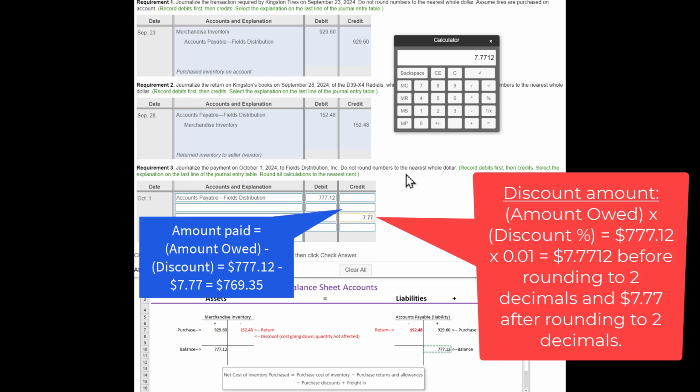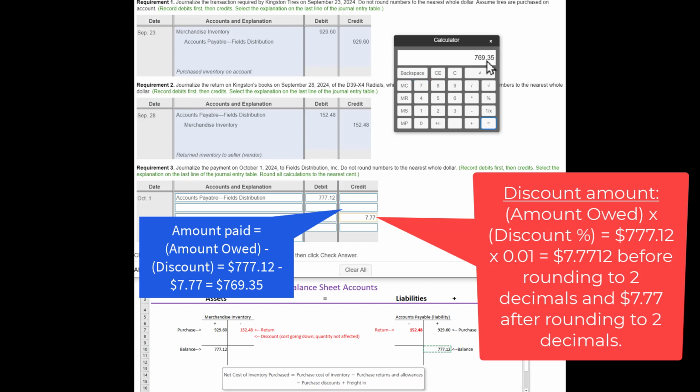Okay, so how much will we pay? The amount we pay is going to be $777.12 minus the discount. So we owe this, and we're saving this, so the difference is the amount we're going to pay. $777.12 minus $7.77.